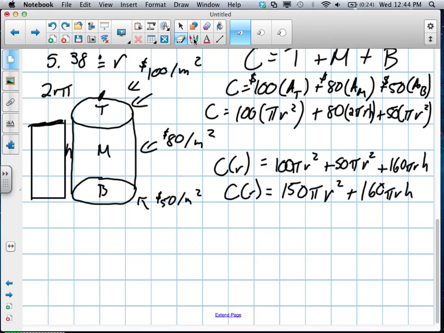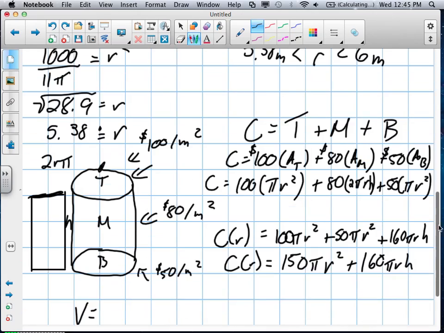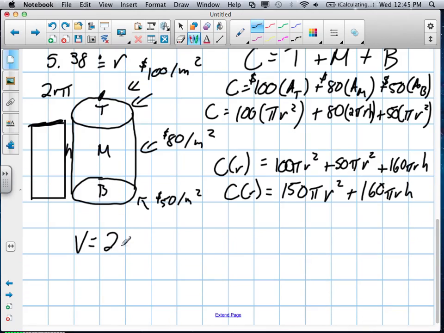Now, because we want a function in reference to radius, we need to make our h some equation in reference to r. So our h, the height of it, okay, if you guys remember, our volume was equal to pi r squared times h in this question.